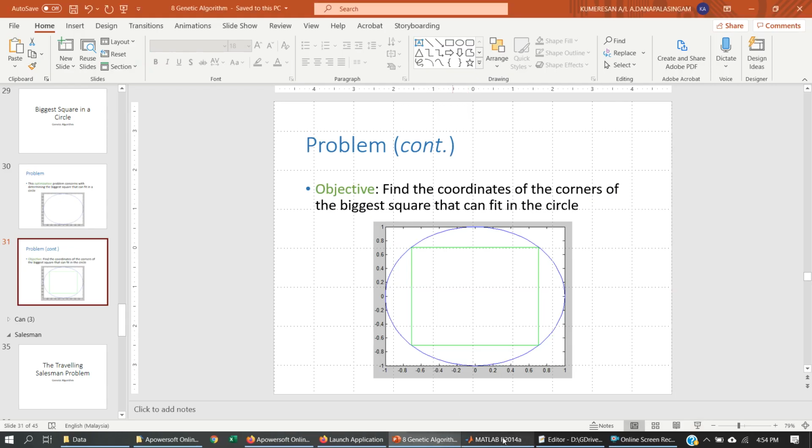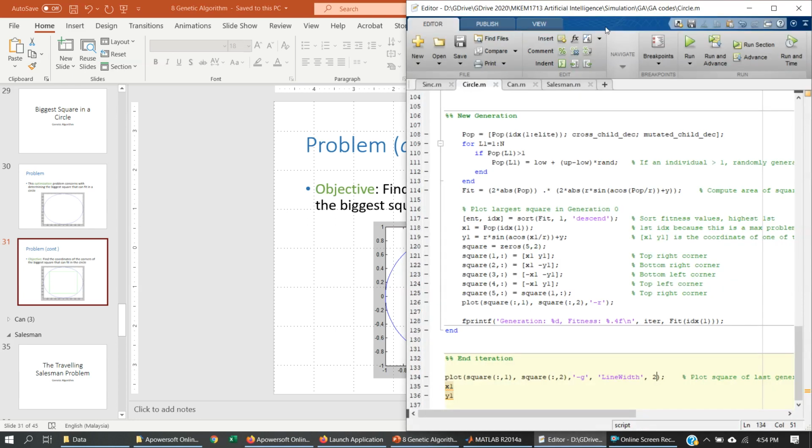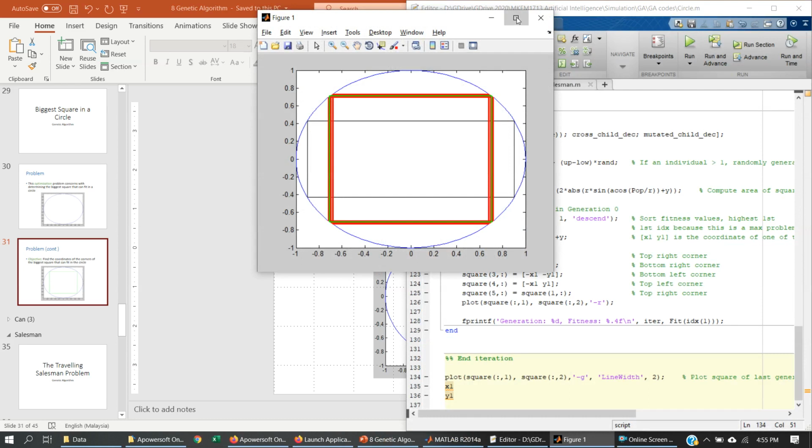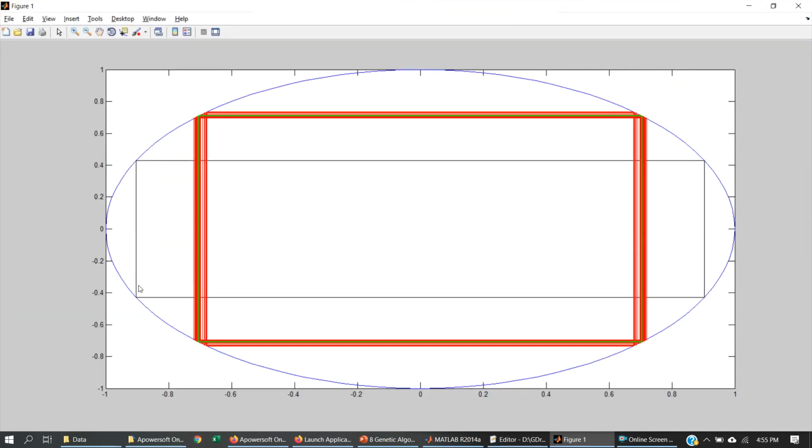Let's go to this simulation. This black square is the best square in generation 0, and the red squares are the best squares we got in every generation, and green is the best that we have got.